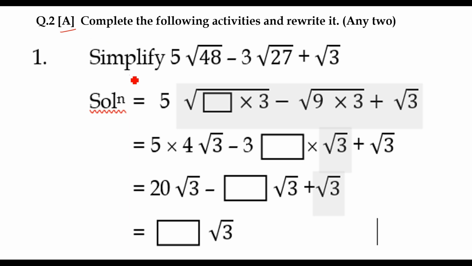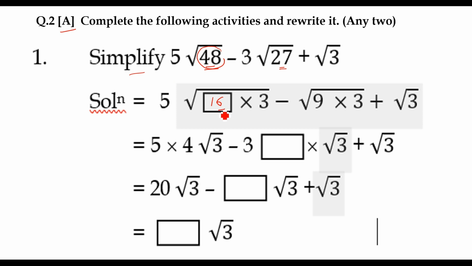Now the question is: simplify 5 root 48 minus 3 root 27 plus root 3, what will be the final answer? As we know, 48 is a composite number and we can factorize it as 16 into 3. 27 is 9 into 3, and 3 is itself a prime number, therefore it cannot be factorized.